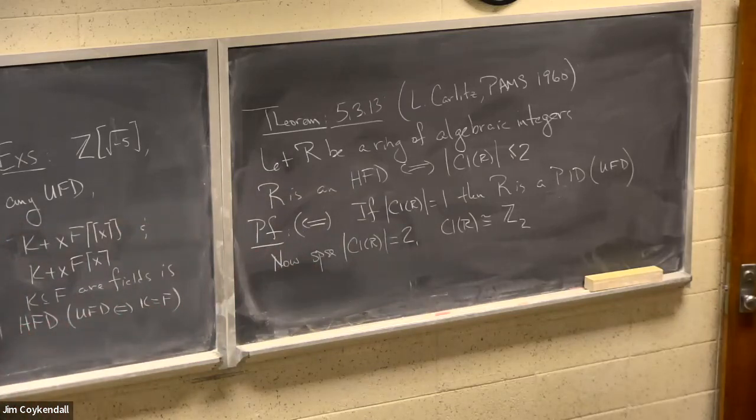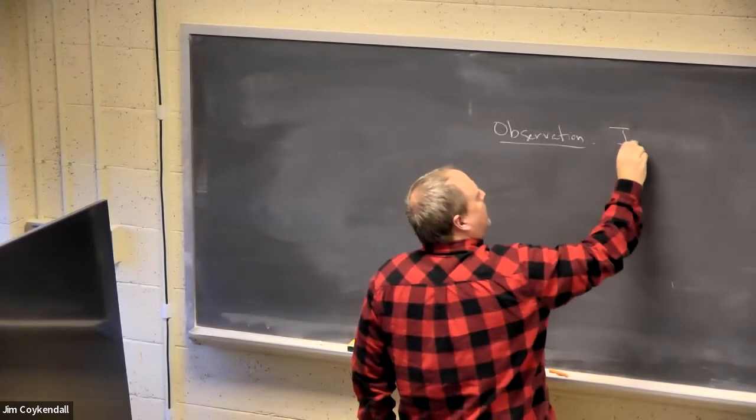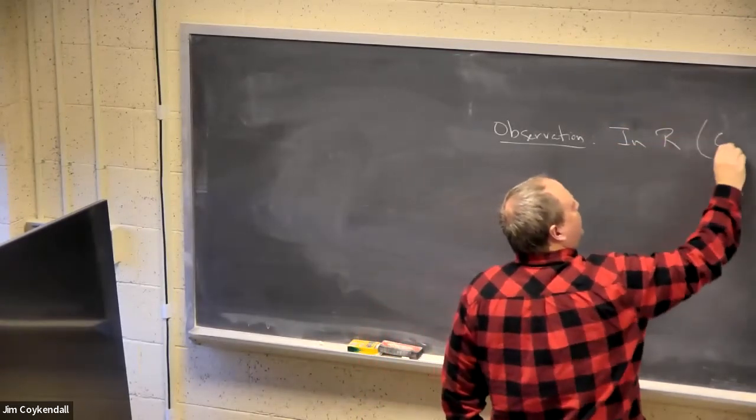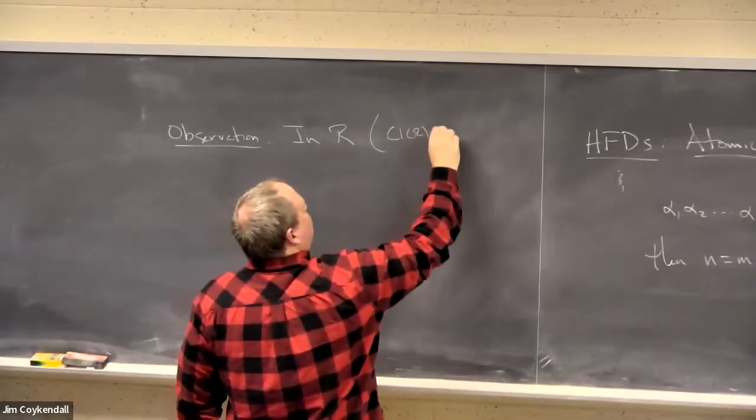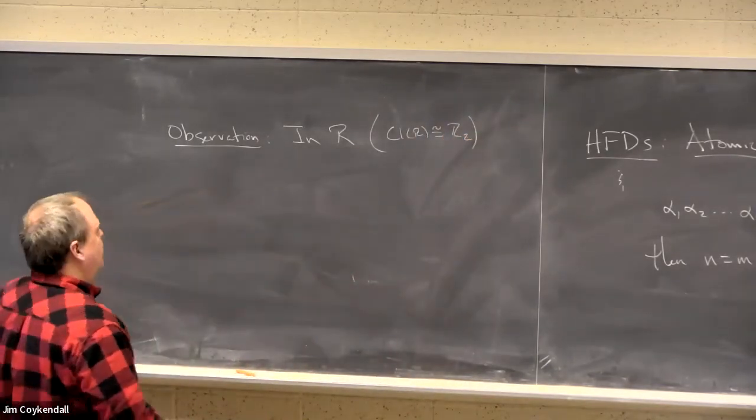Now, let me make an observation. In R, the class group of R is of order 2. There are 2 types of irreducibles.